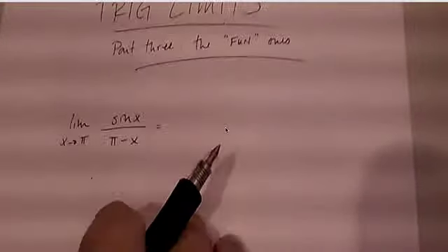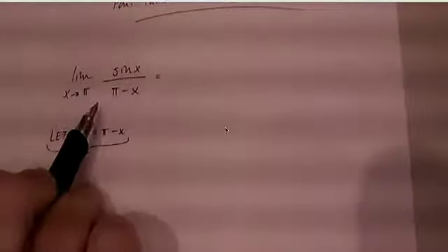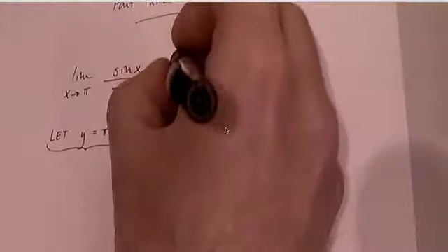And what you need here is a swapping of variables. So we're going to let y equal pi minus x. We're going to use this to transform this into a separate variable, and hopefully by doing that we can get it in the form that is much like the identity.